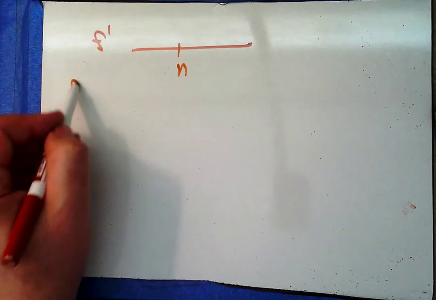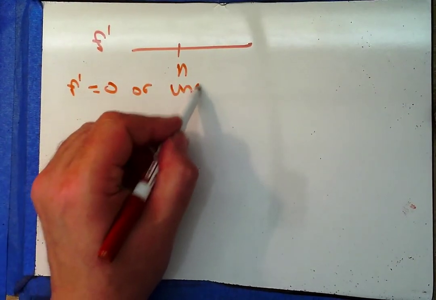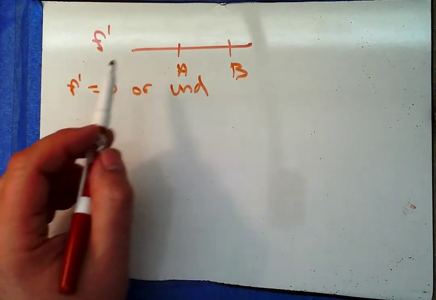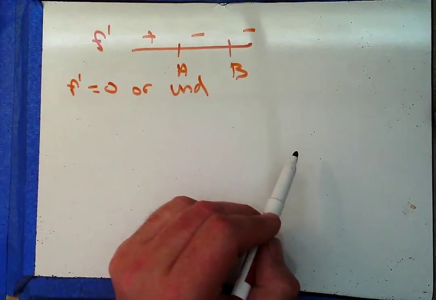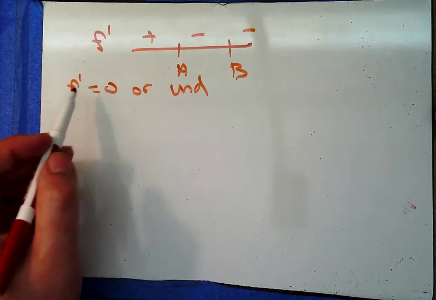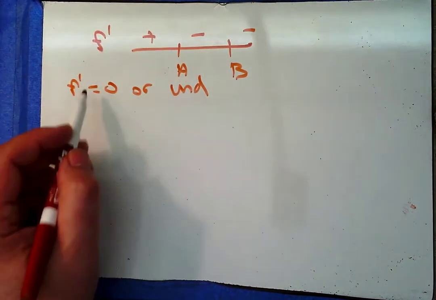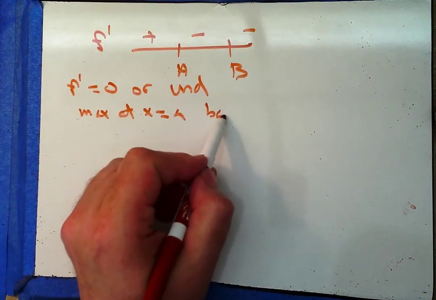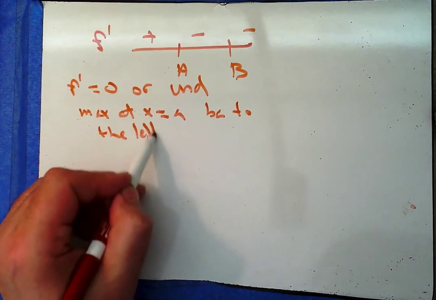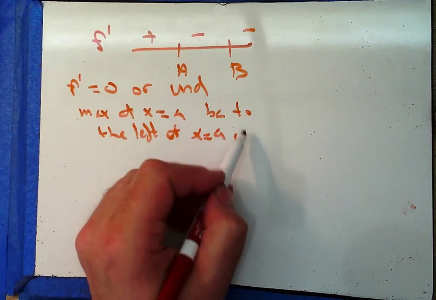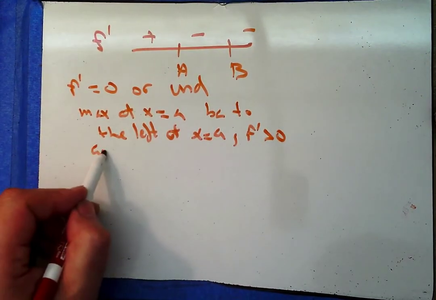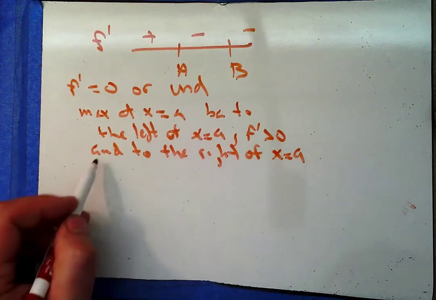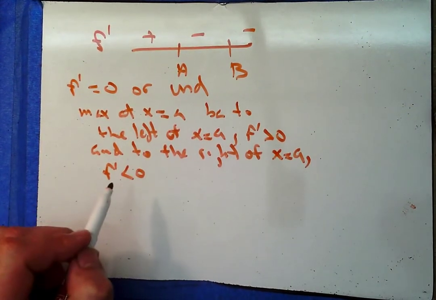I find when f prime equals 0 or undefined, and I plug those values on my f prime sign chart, and then I test these intervals, and I determine, aha, I can use this f prime sign chart to help me determine that there's a max at x equals a, because to the left of x equals a, f prime is greater than 0, and to the right of x equals a, f prime is less than 0.